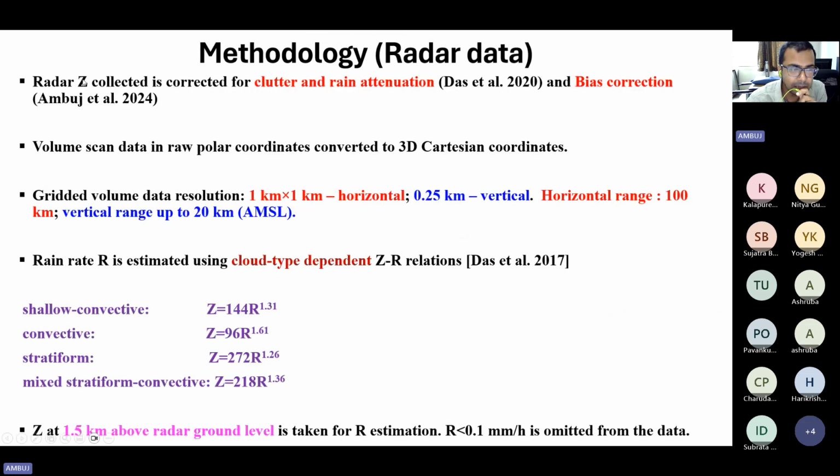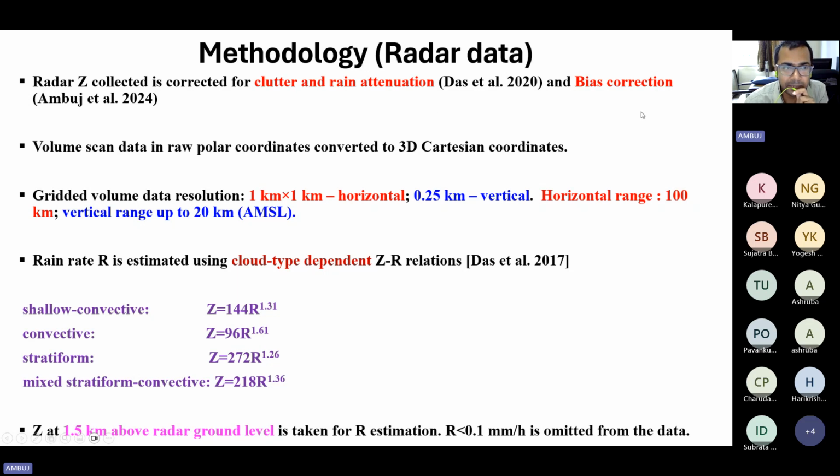Now, the methodology we used to process radar Z. Radar Z is collected in polar coordinates, and it is corrected for various things like clutter and rain attenuation.